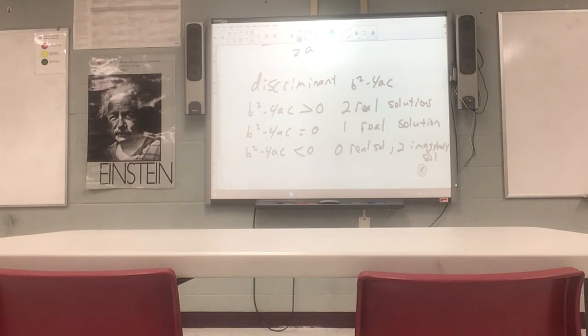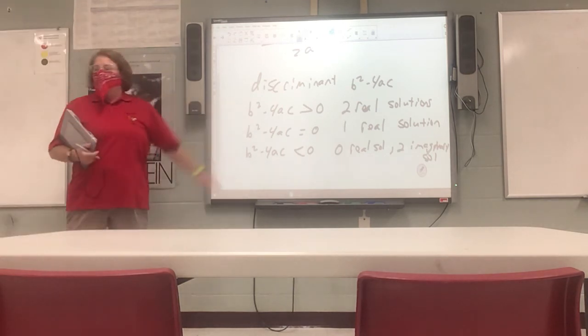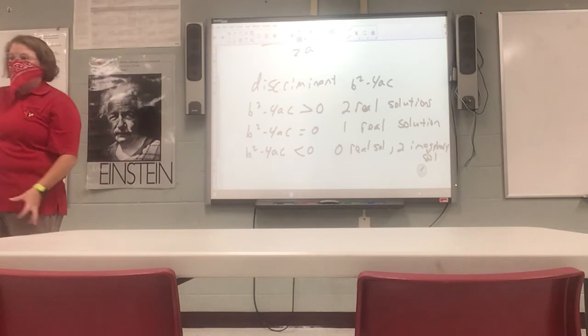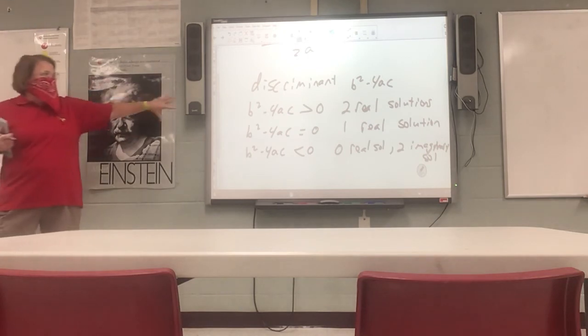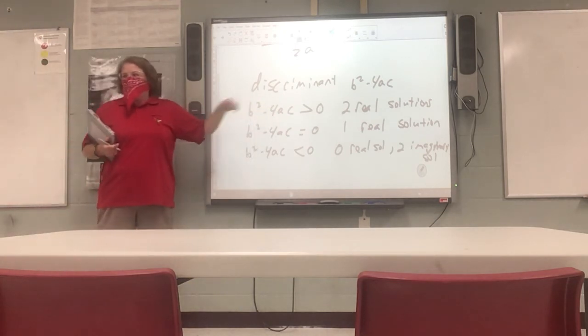Because we're fixing to work through some scenarios now where they don't ask us to actually solve it all the way, they just ask us to tell the solutions. Now, if somebody ever asked you to do that, and you didn't remember all this, you could solve it all the way and then look at your solutions and say, well, there are 2 imaginary ones, or whatever. But if we use this and remember this, it cuts down the amount of work you have to do.